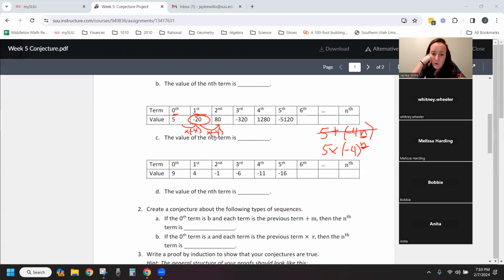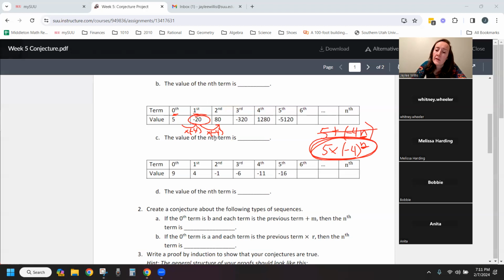So it looks like that one would work. And if we tried it on the second one, -4 squared is 16. And does 16 times 5 equal 80? Okay, sweet. So this one works at least for the first 3 terms, so it's a pretty viable function.